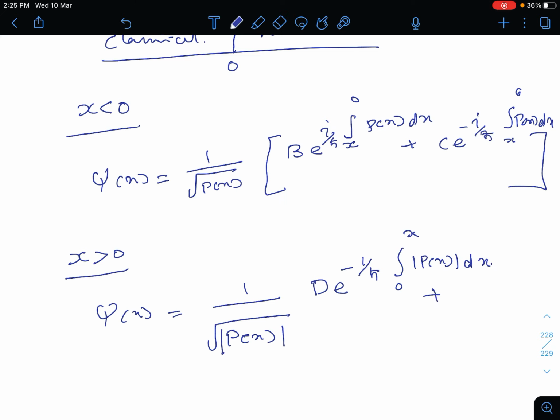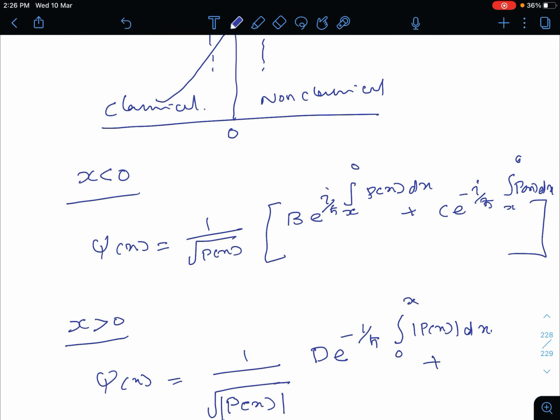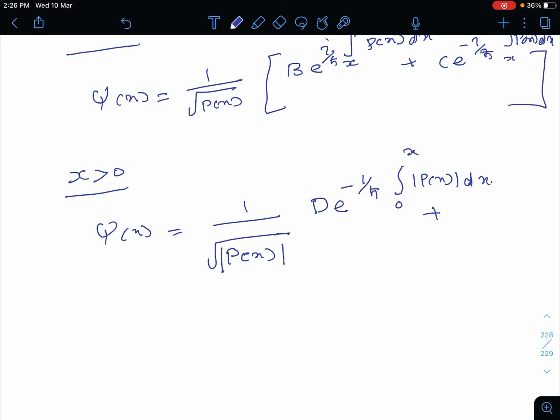Obviously you will be thinking of some positive exponential e raised to 1 by h cross may be there, but there is a problem because x goes to infinity here, in the positive sense. At infinity, a positive exponential term explodes and becomes infinity and everything collapses.